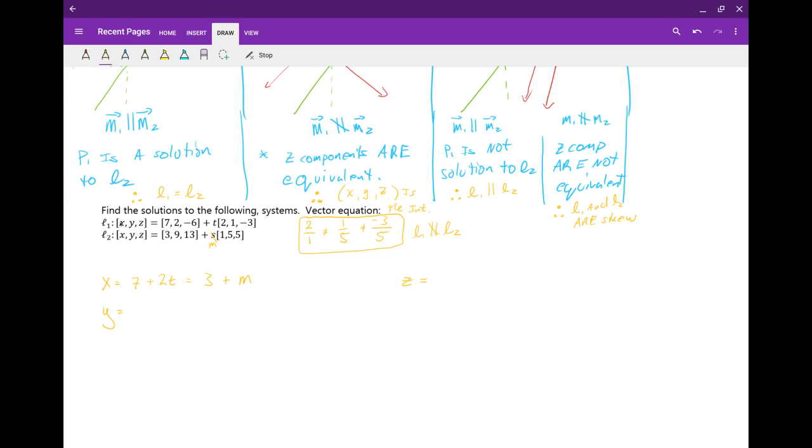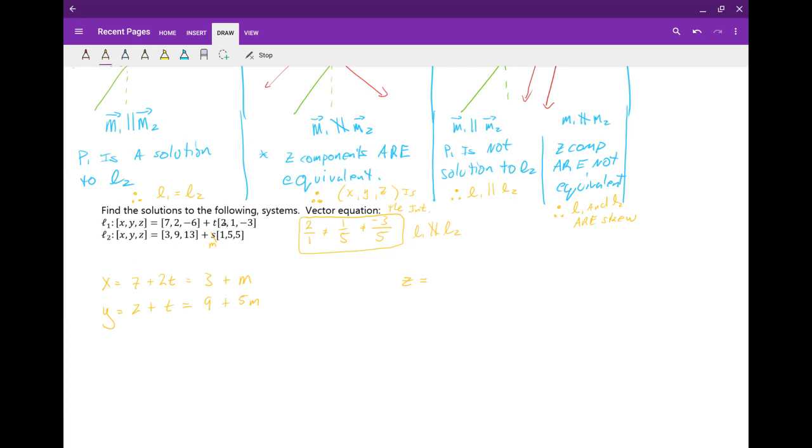So remember, in order to get your x component, it's 7 plus 2t and 3 plus 1m, okay? In order to get your y component, it should be 2 plus t, and my y component would be 9 plus 5m, okay?